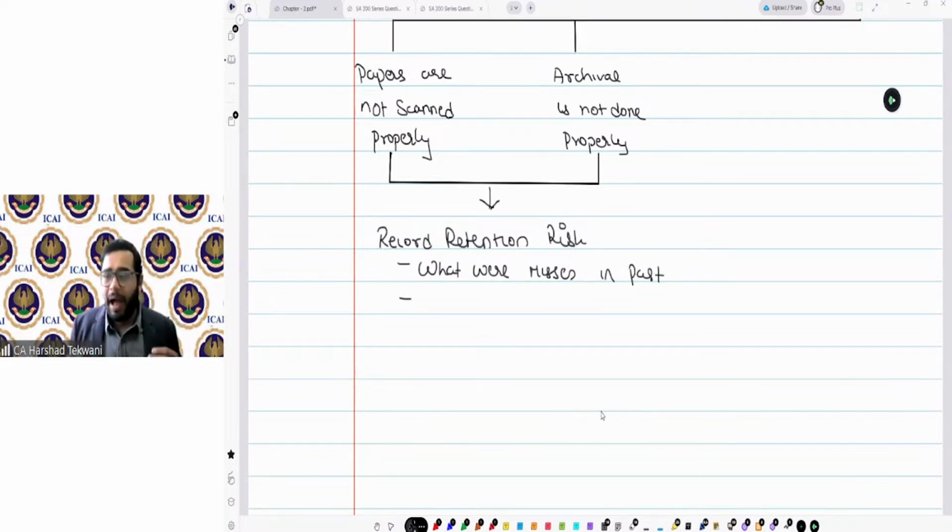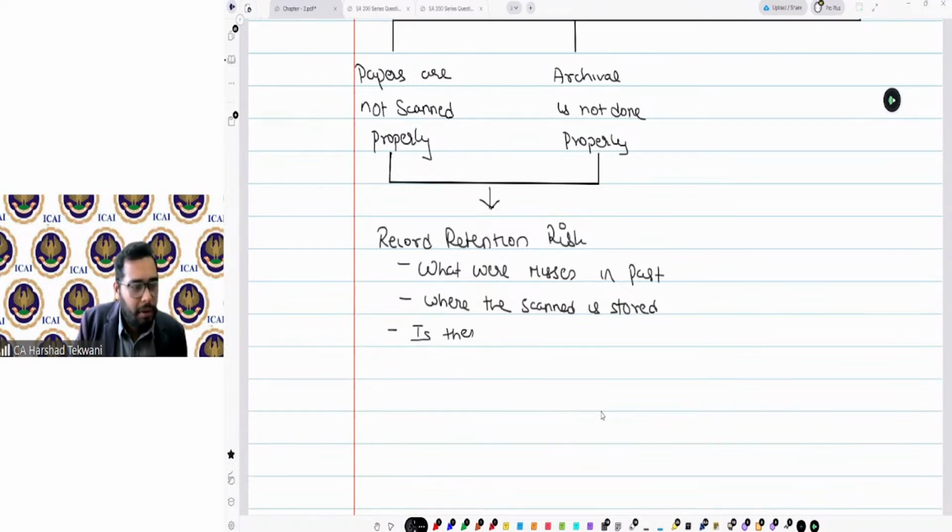Let's say after scanning, where is the scan data stored? Are there any identified issues in the scanning or scanning and filing process?